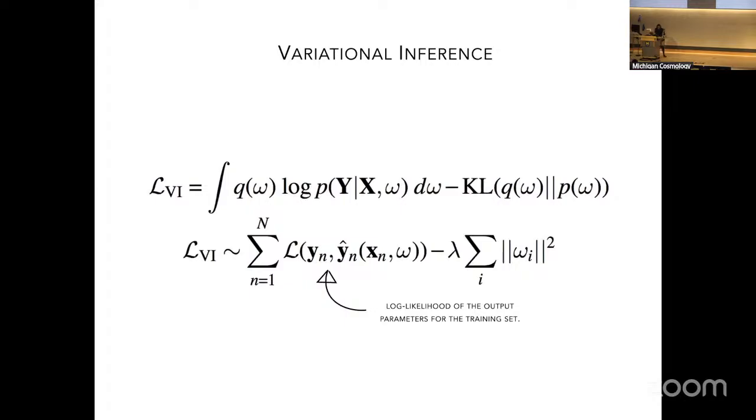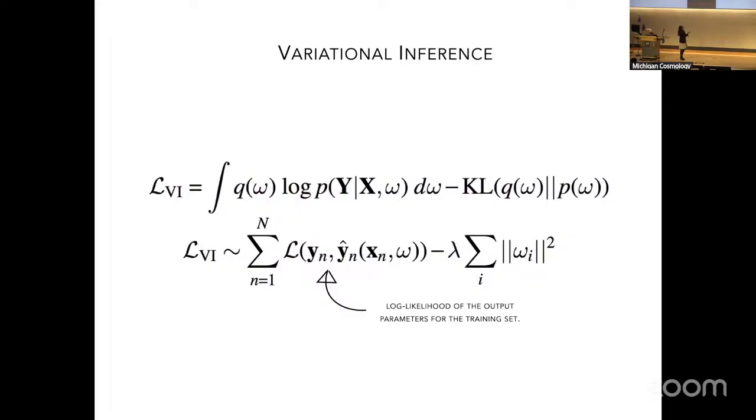OK, and the reason why it makes things simple, that I didn't say, is that this was our learning objective that we had before. But with dropout, with the Bernoulli distribution as the Q distribution, optimizing this can actually be simplified a lot. It turns out that it's just like learning the log likelihood, which is exactly what we were doing before. So it's exactly the function that I wrote down at the beginning.